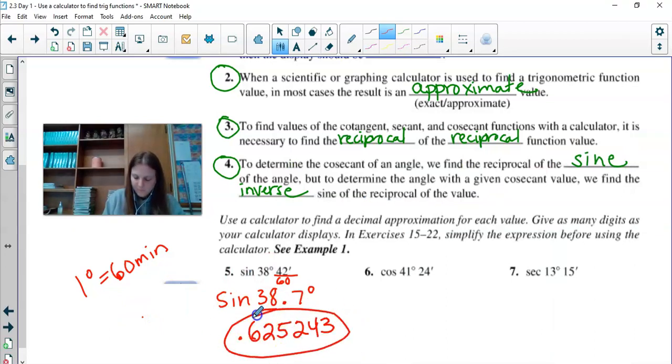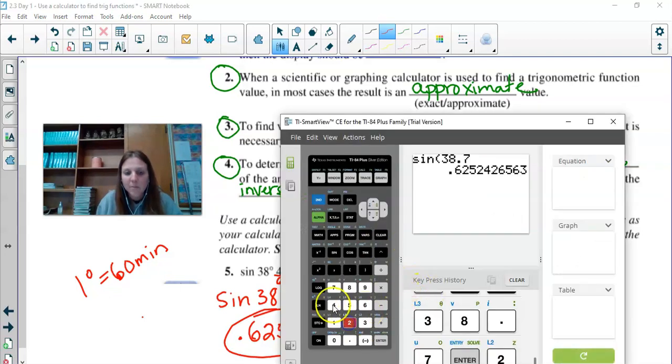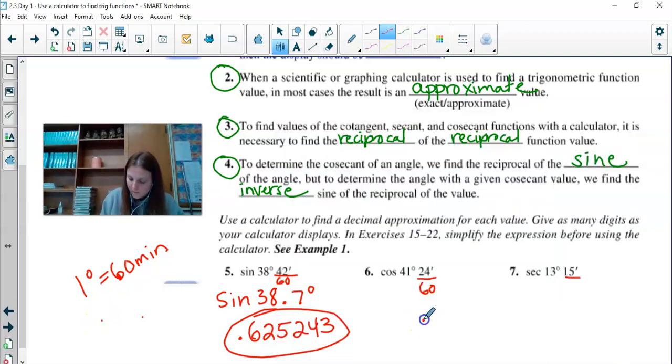Okay, same thing on this one. You're going to divide by 60, and then you're going to find the cosine of 41 point whatever you get. Same thing goes here and so on. Okay, now be careful with secant, because when you type it in, after you, actually we could do these, all these. So let's do 24 divided by 60. And that's equal to 0.4.